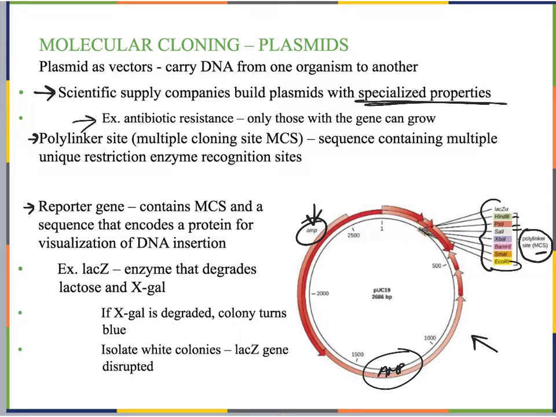In this example here, it's saying containing LacZ. So let's say this particular plasmid has LacZ, then around here we would have the DNA that encodes for LacZ.